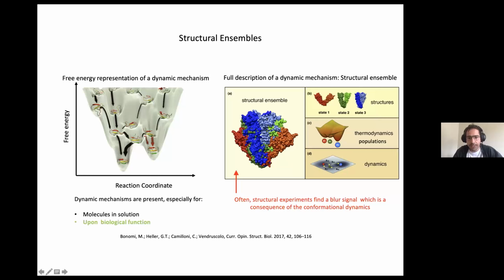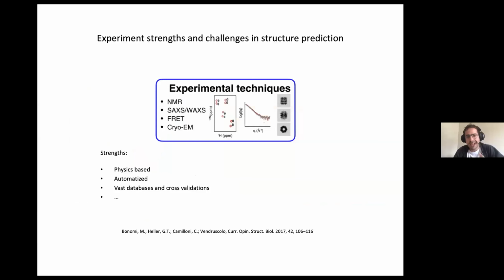However, experimentalists often find a superposition of such structures, each of which exists with its own weight. So you get a blurred picture or a blurred signal, or a low signal-to-noise ratio, and this is exactly the reason this happens in experiments.